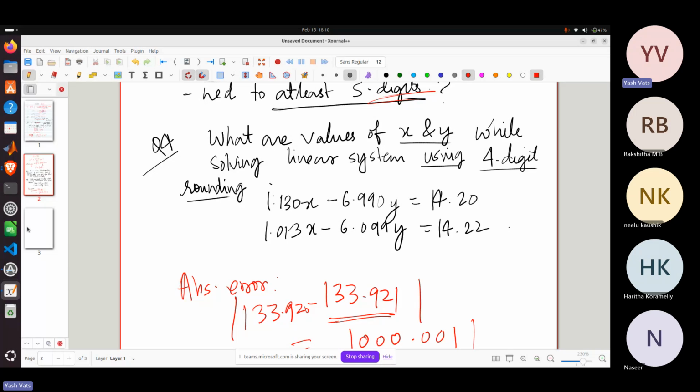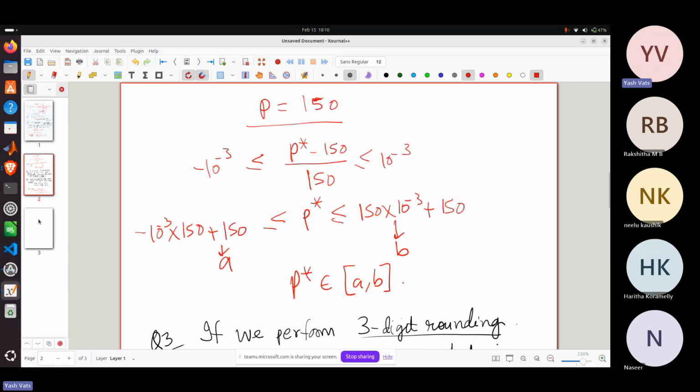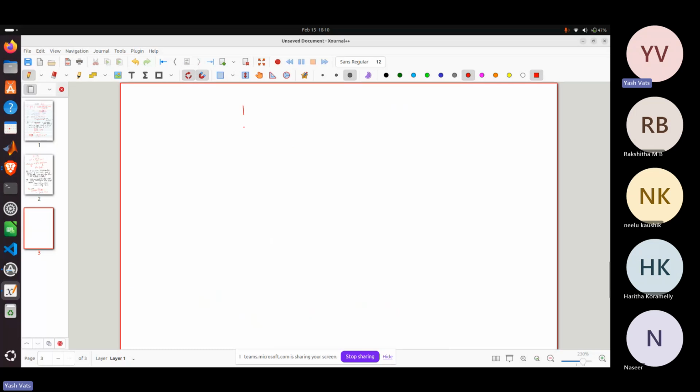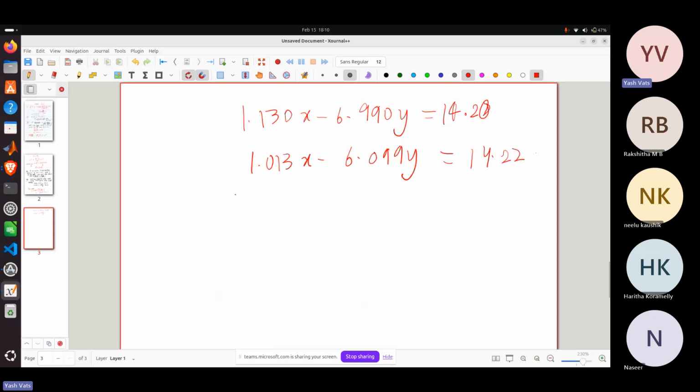Okay, so the equations are 1.130x minus 6.990y equals 14.20, and the other one is 1.013x minus 6.099y equals 14.22. So you just try to find out the value of y from this equation.